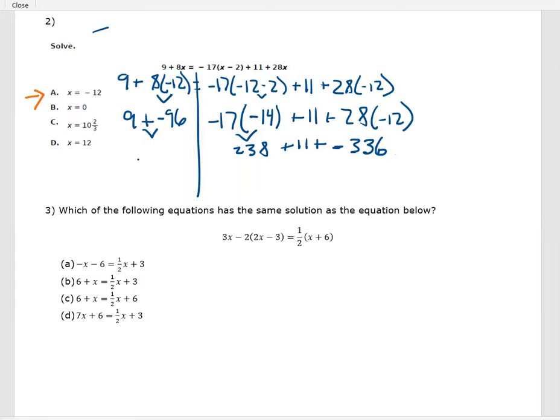So then 9 plus negative 96 is going to leave me with negative 87. Then when I add 238 plus 11, that gives me 249. Plus negative 336, or minus 336, is also going to give me negative 87.